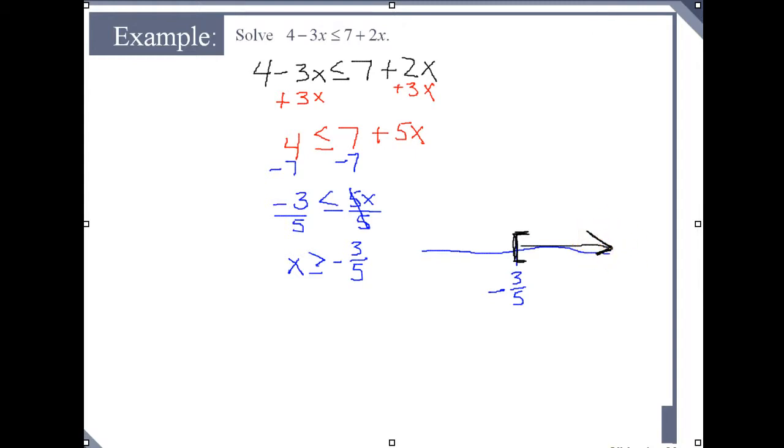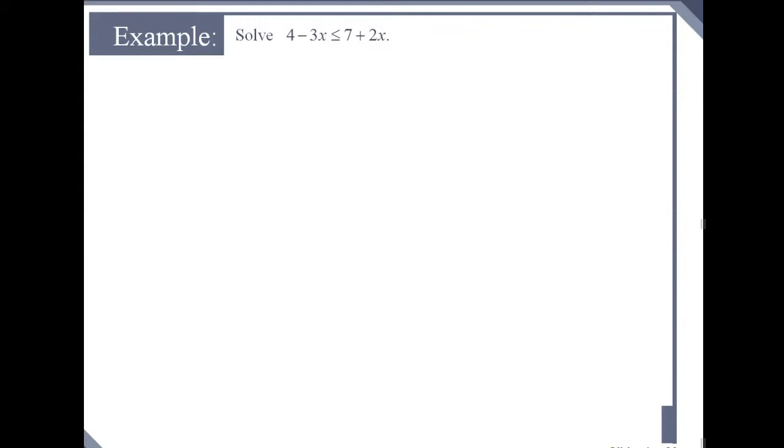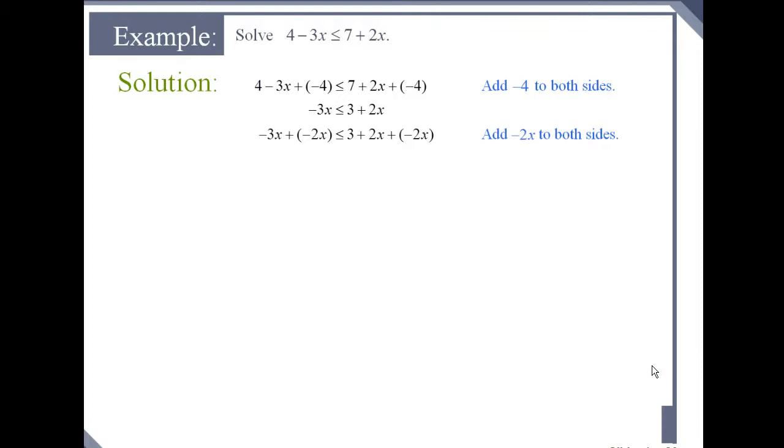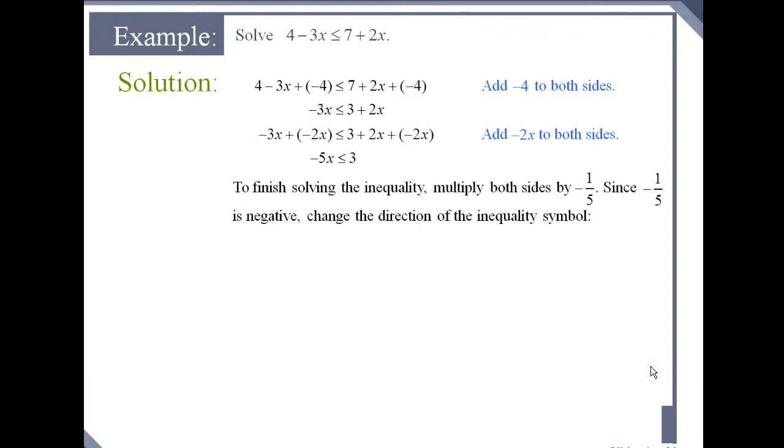Okay, now let's take a look at it. Here they're giving you the rationale in blue on the right side. Now here they left it as negative. So when they divided, notice this is a less than sign.